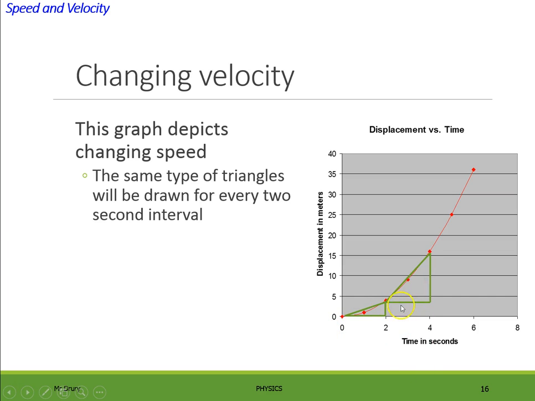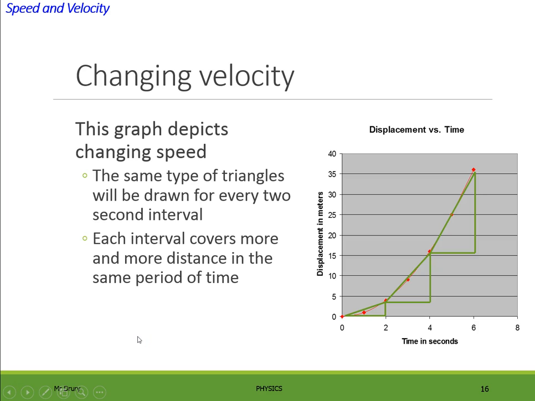In the second unit of time, from 2 to 4 seconds, we covered a lot more. In the third, we covered even more. So we're not covering the same amount of displacement every unit of time. So we must be speeding up.